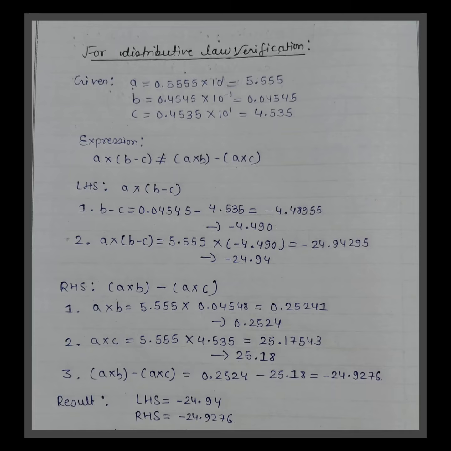So LHS equals minus 24.94 and RHS equals minus 24.9276. So LHS and RHS are not equal. Final conclusion: both associative and distributive laws fail under floating point arithmetic with a 4-digit mantissa constraint, due to rounding errors and loss of significance.